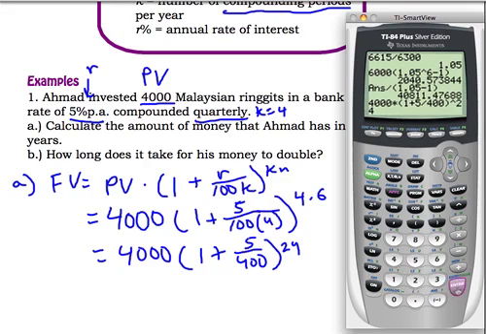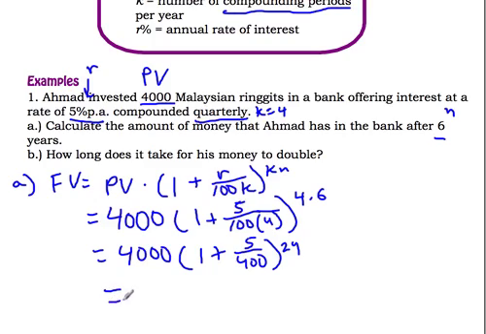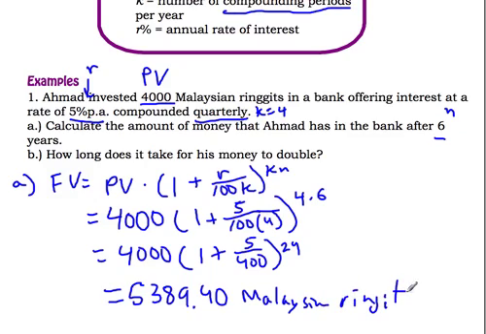So I type that in, press enter. I get about $5,389.40. 5389.40 Malaysian ringgits. Okay, so that's your future value in 6 years.